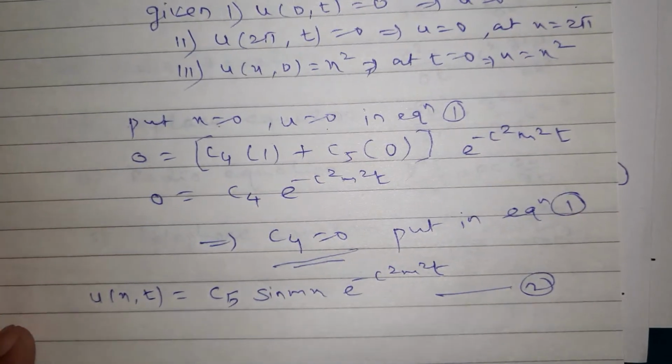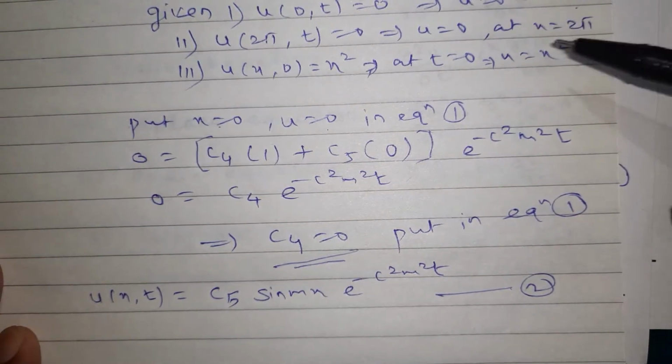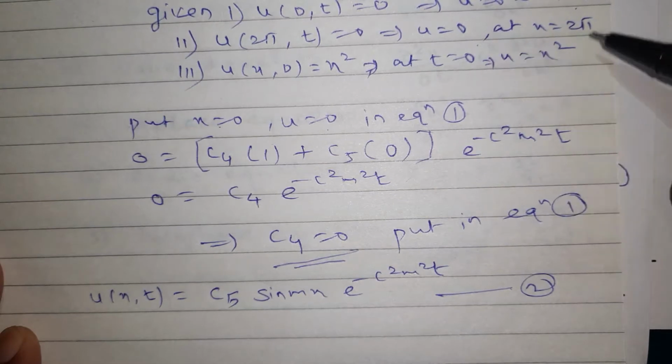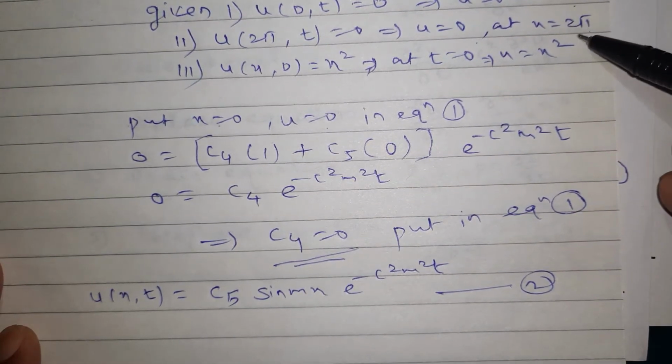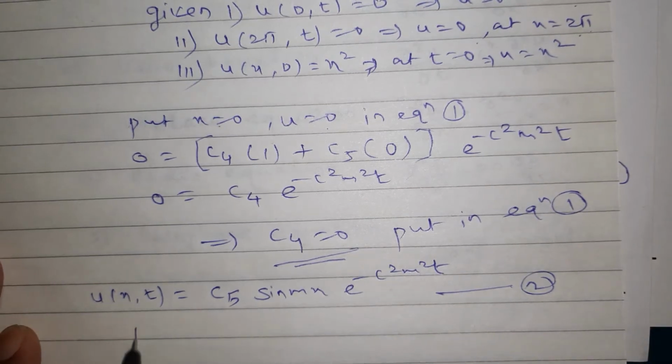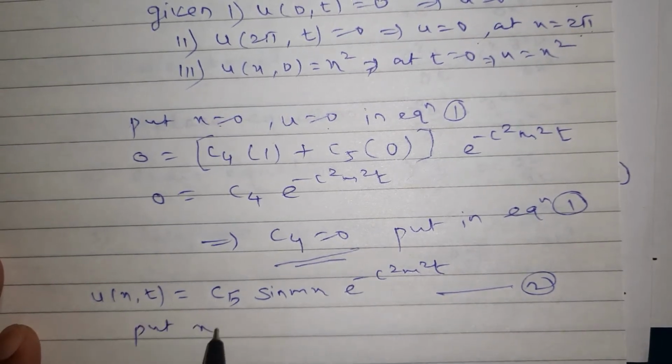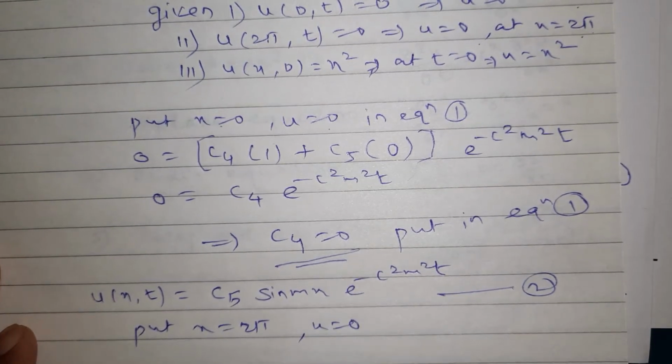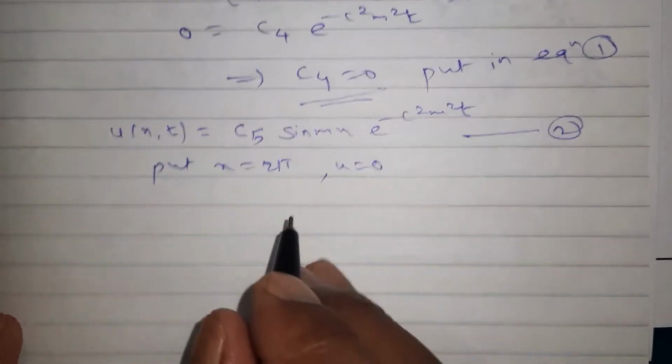Now use the second condition. Put u = 0 and x = 2π. The value of x is 2π. Substitute here. So what do I get if I do that?